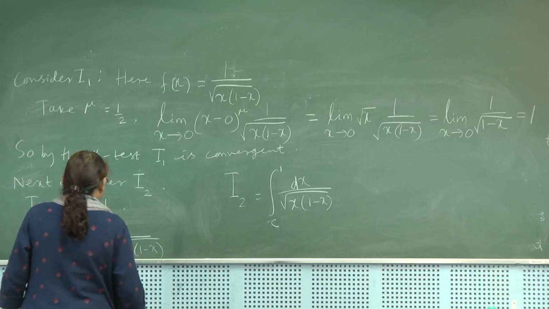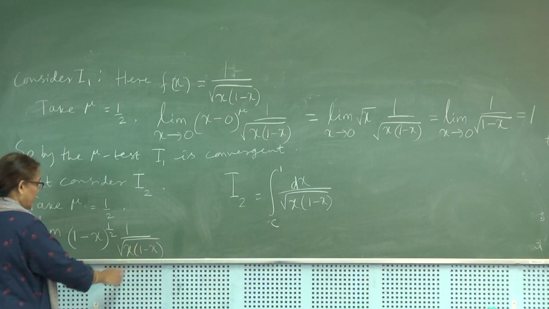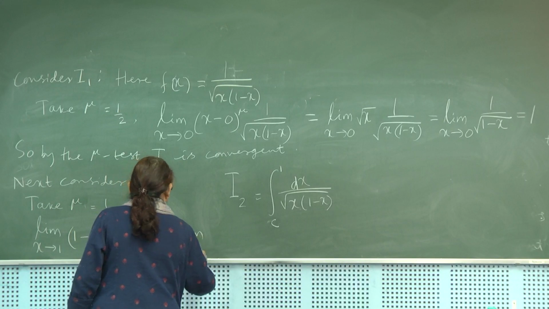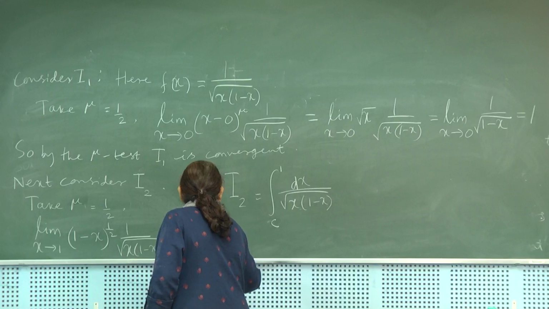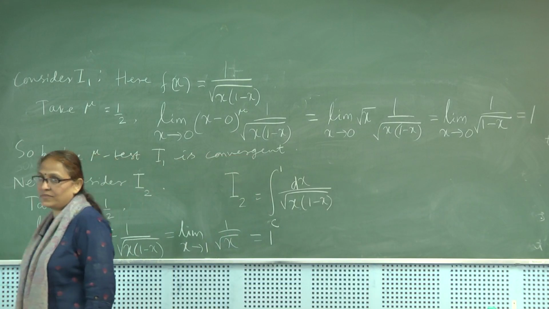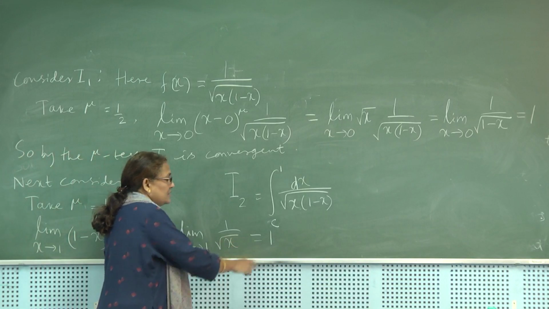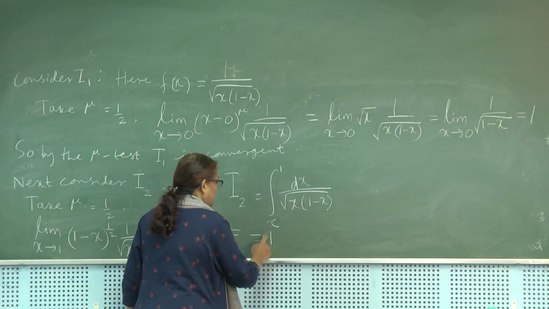So, therefore, 1 minus x to the power half gets cancelled, and we are left with limit x tends to 1 of 1 upon square root of x, and you know that its value is equal to 1. So, this limiting value exists finitely, and also it is different from 0.